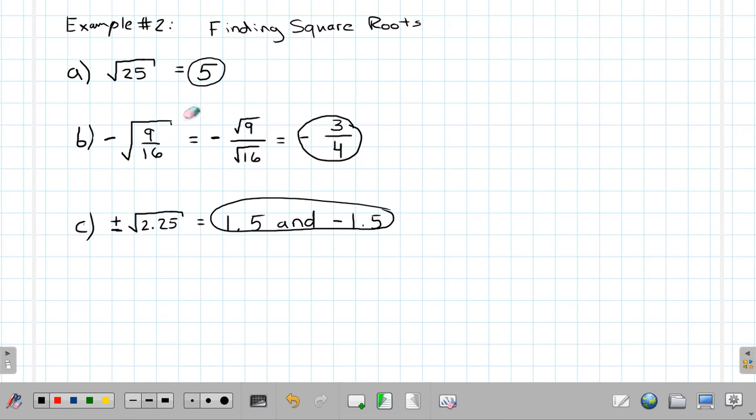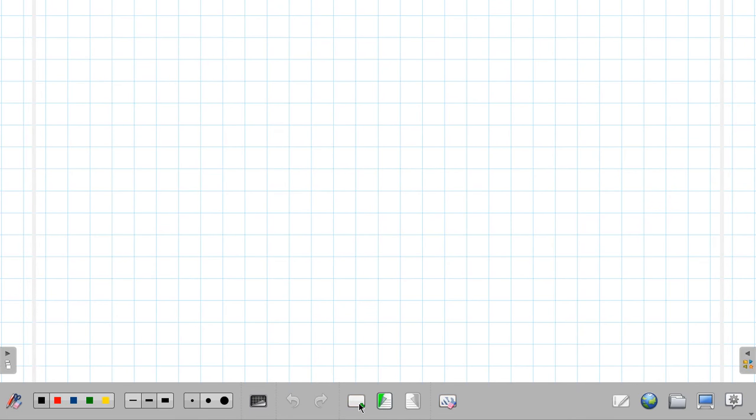So let's go ahead and go to the last example. Okay. And the last example here, example 3. This one has to do with evaluating expressions involving square roots.